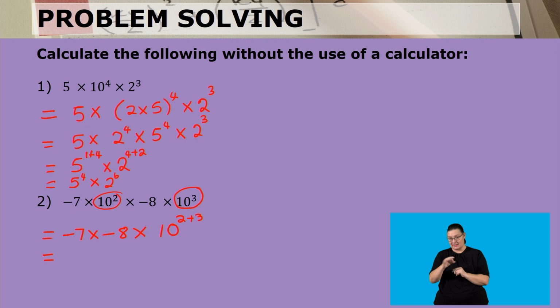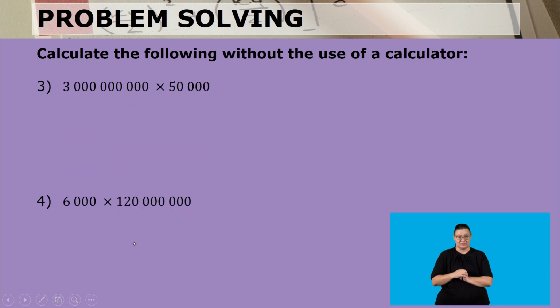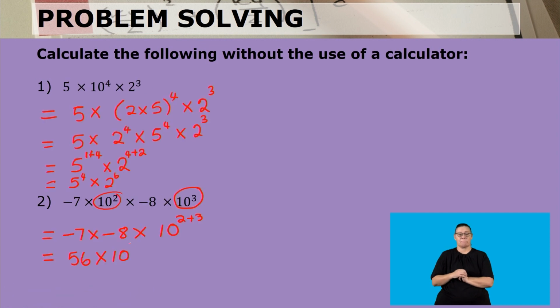Now, remember, a negative number multiplied by a negative number will produce a positive number. So we are going to have a positive, and what is 7 multiplied by 8? Yes, if you are thinking of 56, then you are correct. So a negative 7 multiplied by a negative 8 is equal to that positive 56, and this is multiplied by 10 to the exponent of 5.